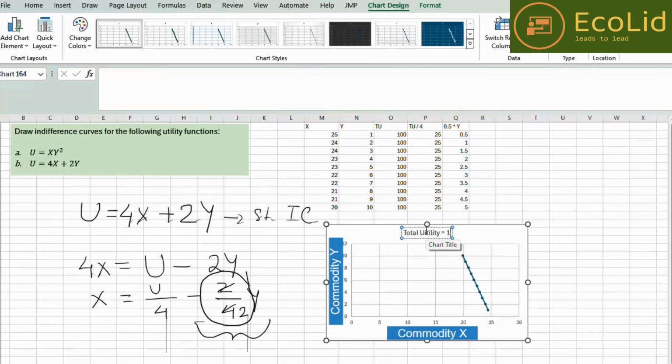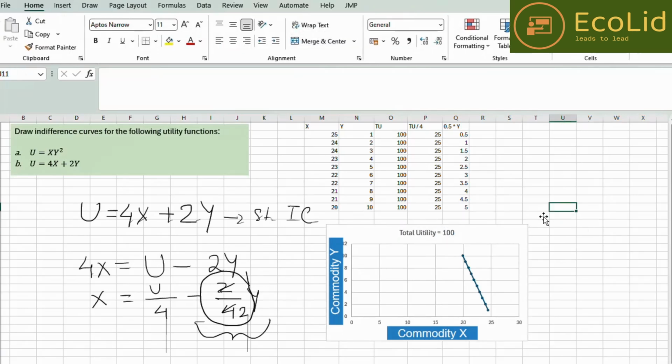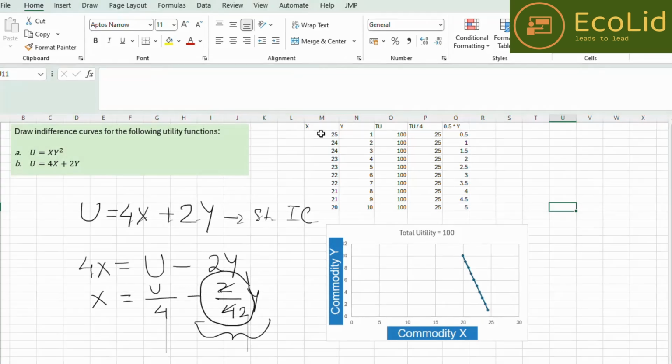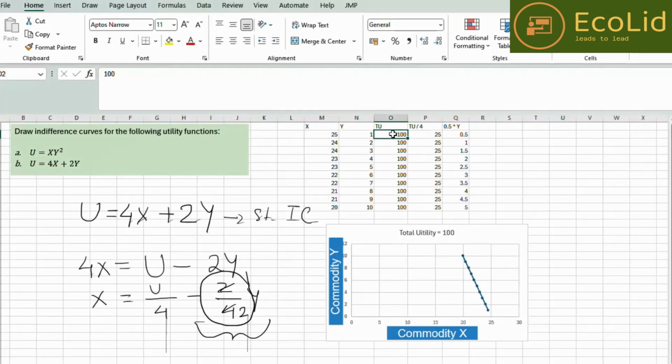as 100. Now what will happen for the same amount of y, how can the consumer alter the quantities of x so that he can generate more total utility? Let us double the total utility amount from 100 to 200, and if I make all these combinations 200, you can see that we have not changed the amount of y, we only doubled the amount of total utility.